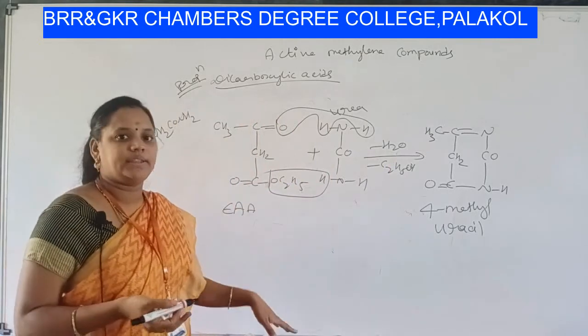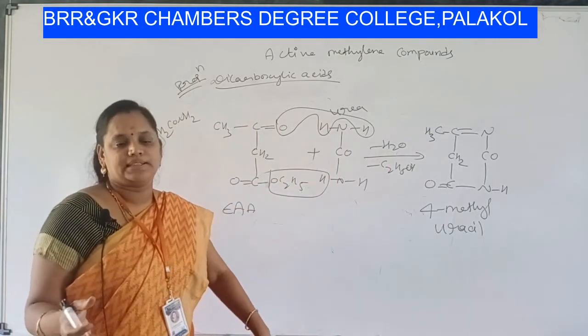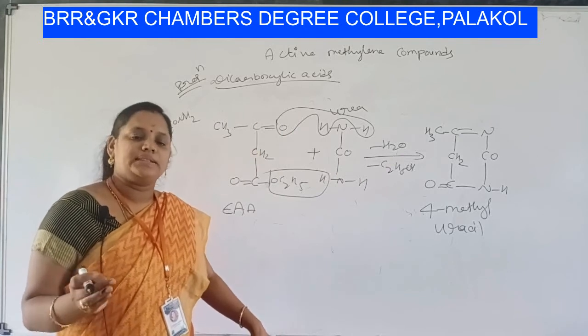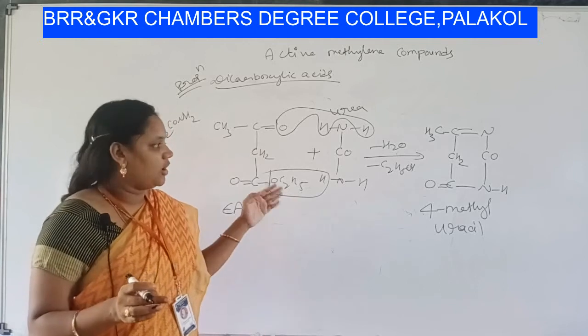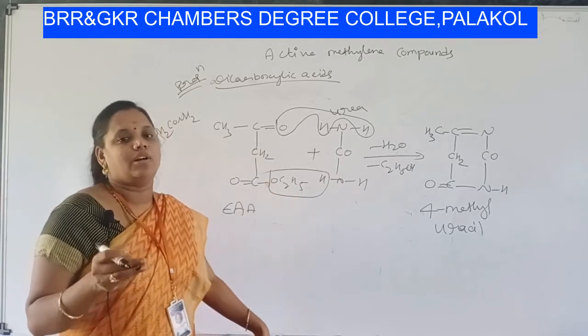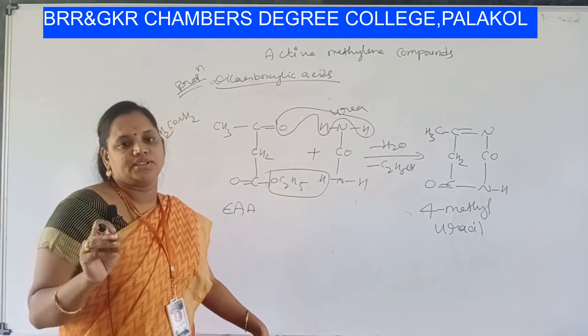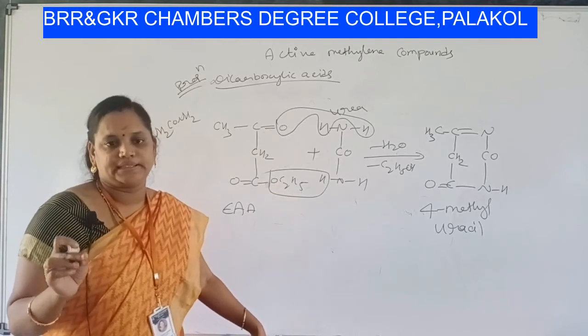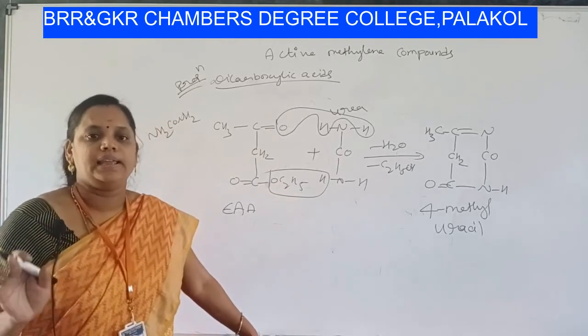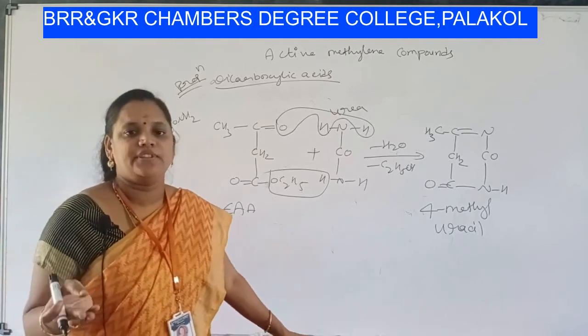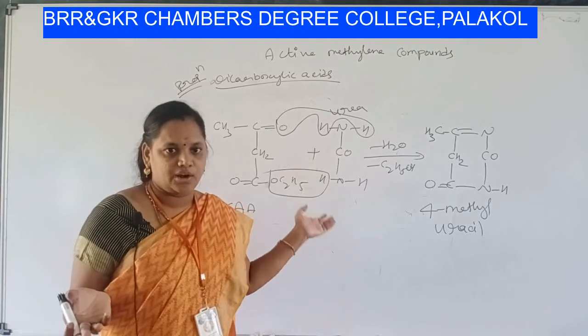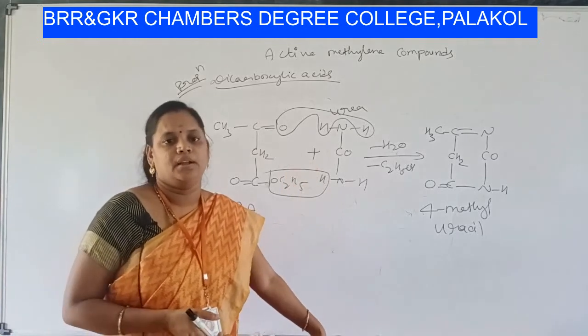So these are the properties of ethyl acetoacetate, students. Okay, all these reactions can also be called synthetic applications of acetoacetic ester or ethyl acetoacetate. If they ask to write synthetic applications, you have to write all these properties, students.